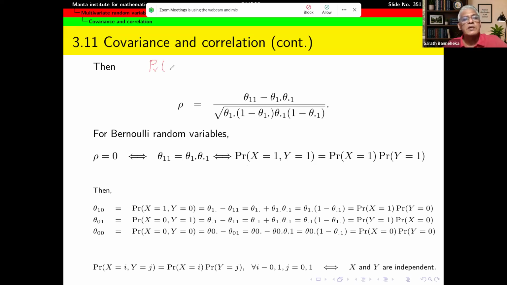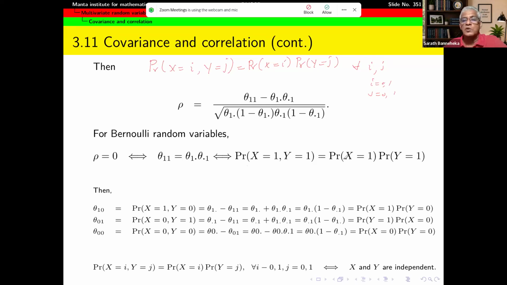The probability x equal to i and y equal to j is equal to probability x equal to i times the probability y equal to j for all i, j, right? Where i can be 0 and 1 and j can be 0 and 1. If this is satisfied for all i, j, then only we can say x and y are independent, right?